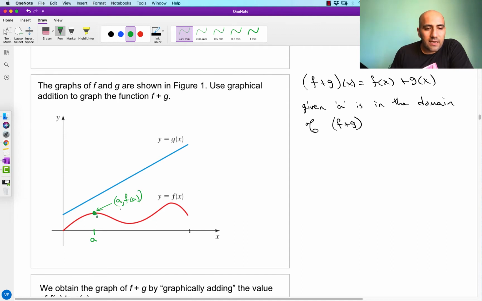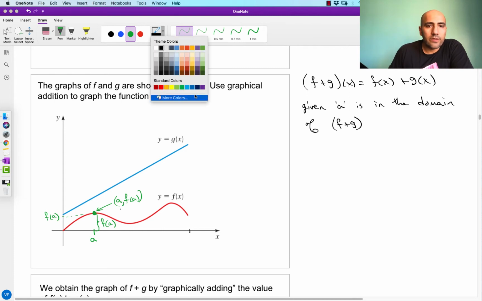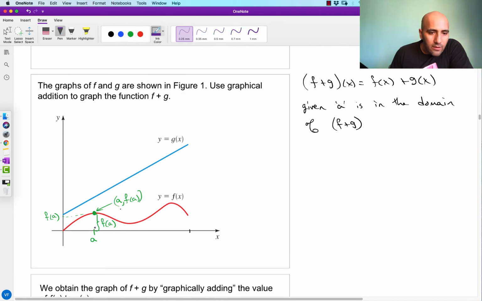Which means that this height right there would be the height f of a, which would kind of translate over here to height f of a. Okay, well, likewise, let's go with purple. Likewise, we can have another point right over there. This one would be the ordered pair a comma g of a.